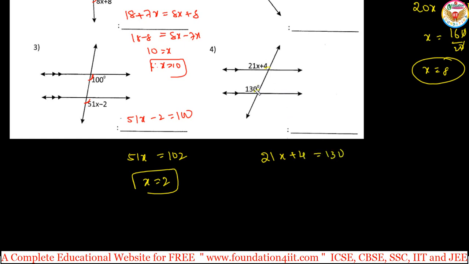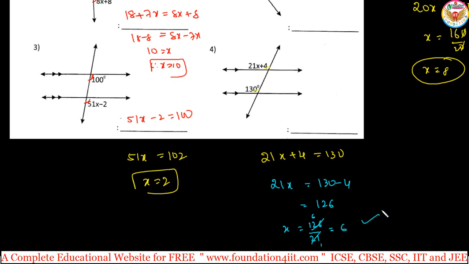Corresponding angles. Then 21x is equal to 130 minus 4. That is 126. x is equal to 126 by 21. You can simplify: 21 times 6. So x is equal to 6.